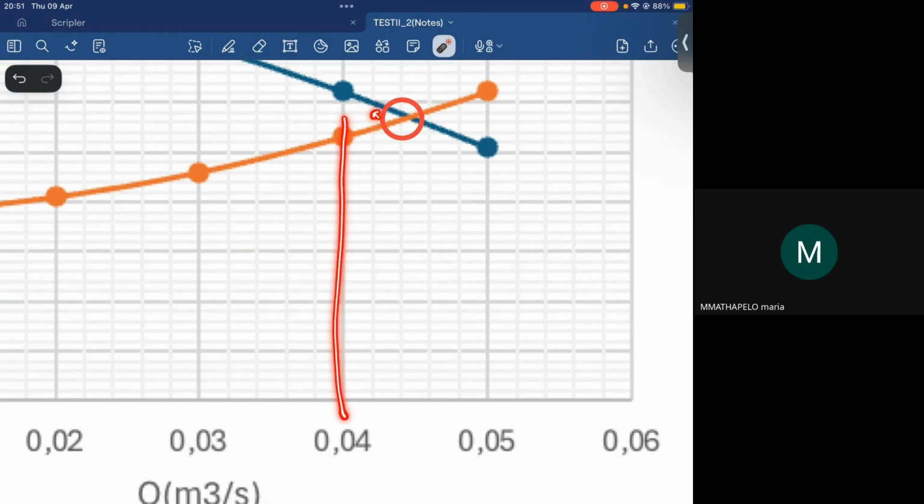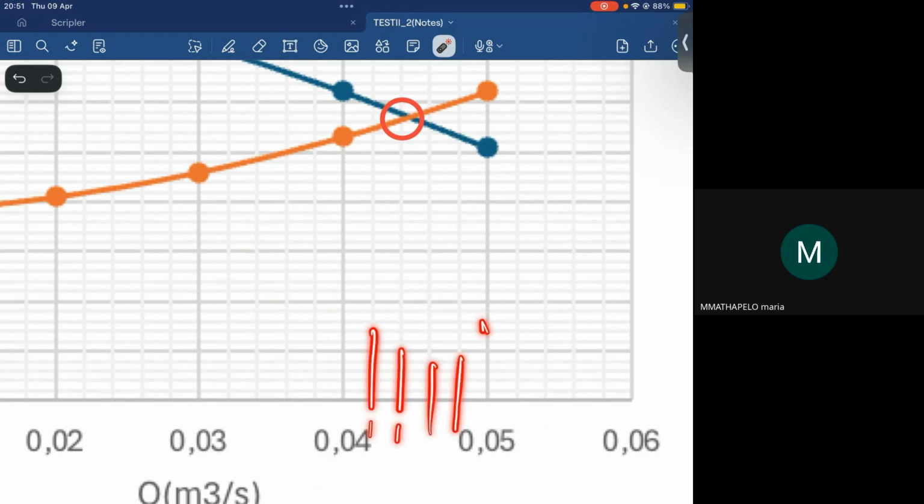Between 0.04 and 0.05, we've got 5 minor vertical grid lines, which are 1, 2, 3, 4, then 5, right? So since this is 0.04, this will be 0.042, 0.044, 0.046, 0.048, and 0.05. You get it? 0.042. Oh, okay. Yeah.